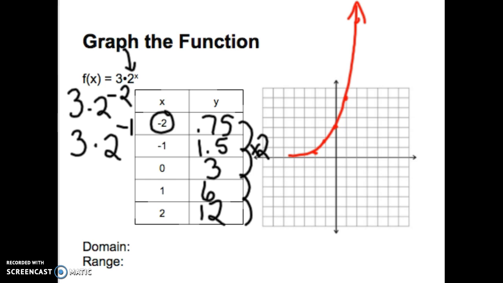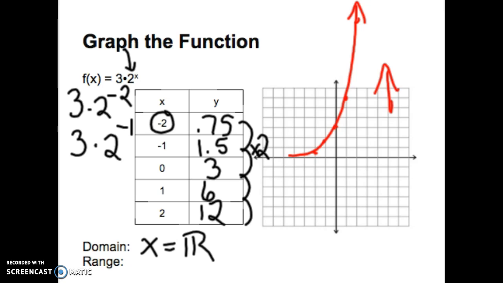This is our exponential function, and we can go into our domain and range at this point. For the domain, we can plug in any x value we want. So for the domain, it's going to be all real numbers. That symbol means all real numbers. For the range, though, we can see that this is going up forever.